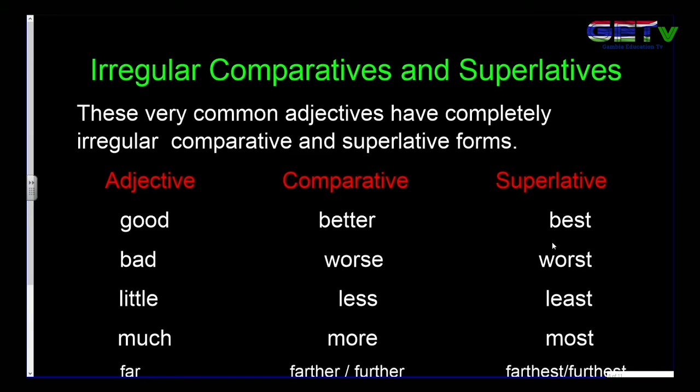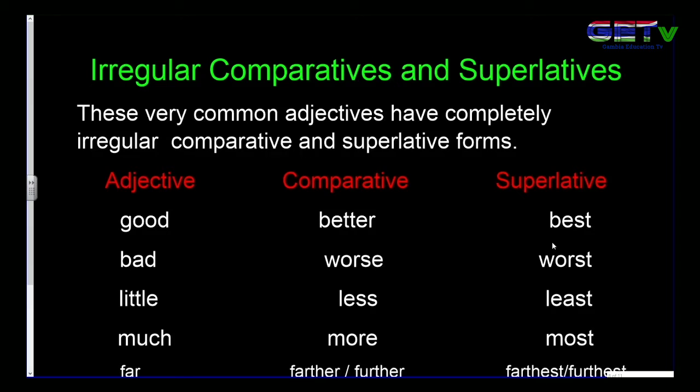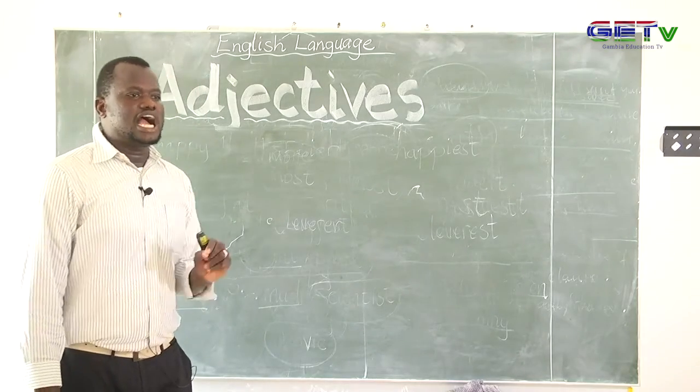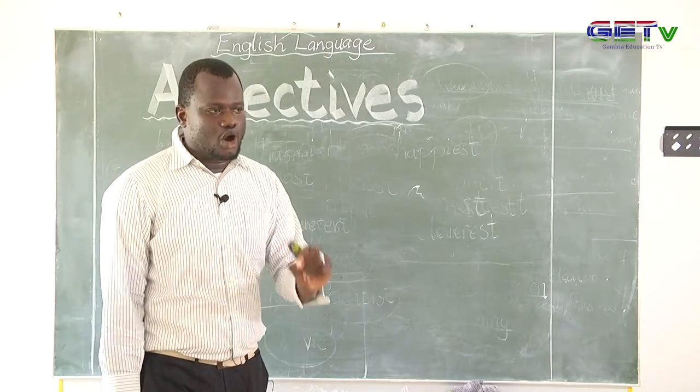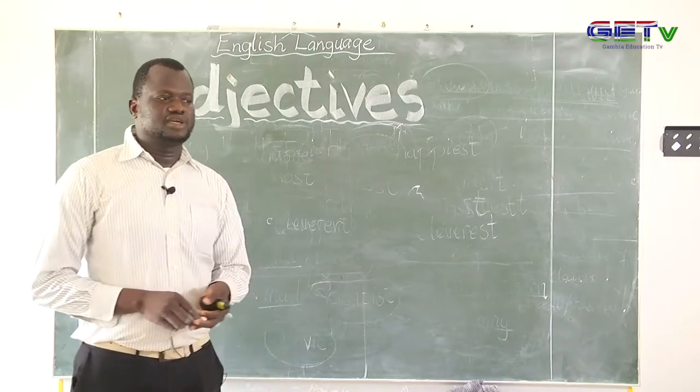And now we move on to irregular comparative and superlative. However, you will understand that not all adjectives follow this rule. So we have irregular ones, and these very common adjectives have completely irregular comparative and superlative.